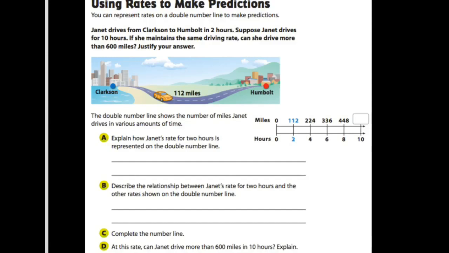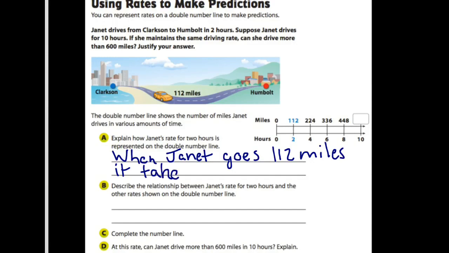Part A, explain how Jeanette's rate for 2 hours is represented on the double number line. So when Jeanette goes 112 miles, it takes her 2 hours.